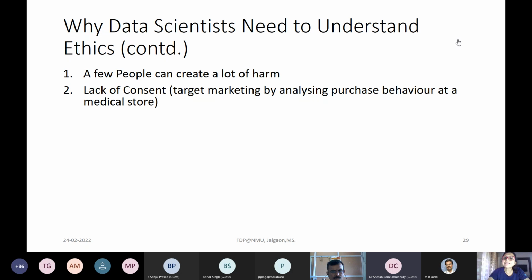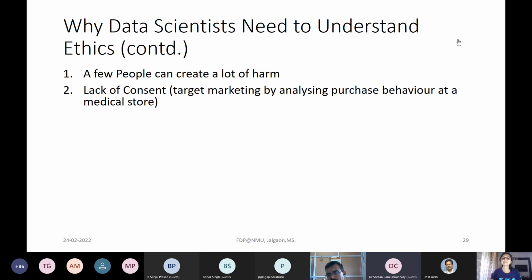Because of her buying behavior. She was purchasing those medications, folic acid probably, and whatever medications she was purchasing were based on certain things, because she knew she was pregnant.